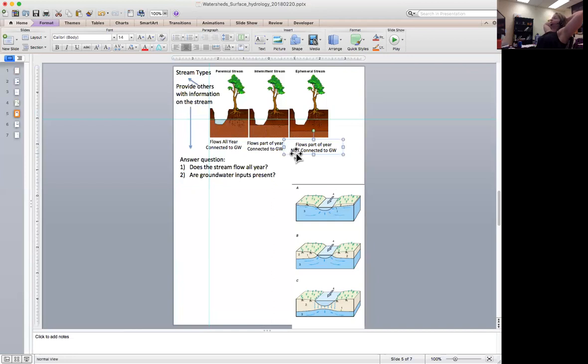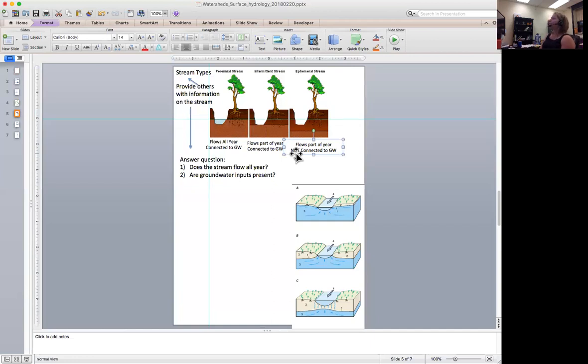Then you can move down into areas where you have a bit more connection with the groundwater system itself. You have more water that's available, you have more area to create base flow in a system, and you can have intermittent streams. So you have water there for parts of the year, often longer periods than ephemeral streams, and you have that connection to the groundwater system, which allows for those intermittent streams to be present for longer periods of time within the system.